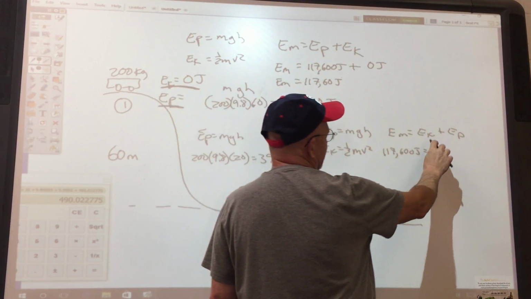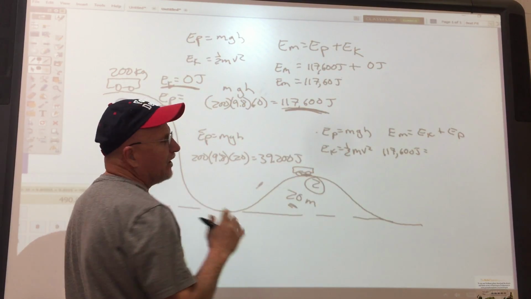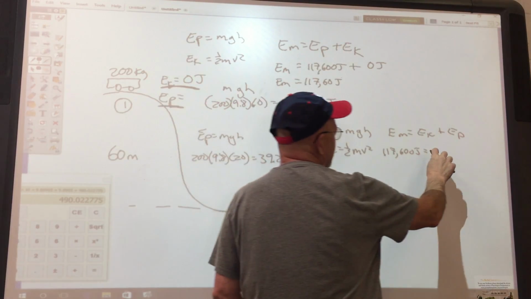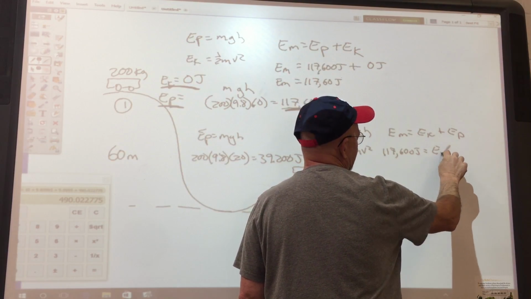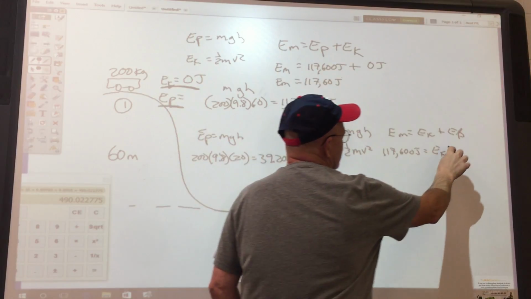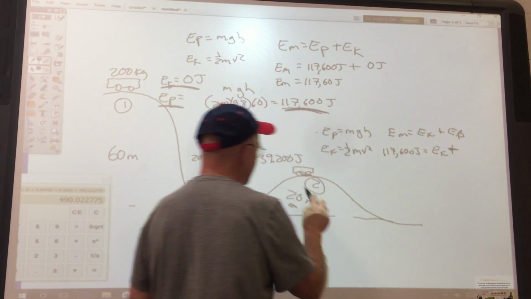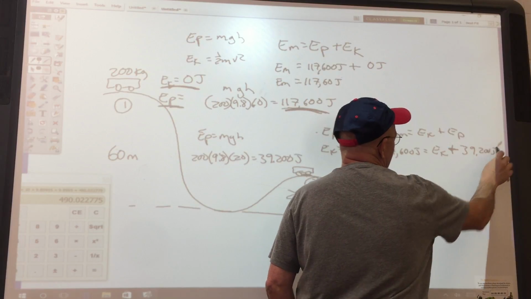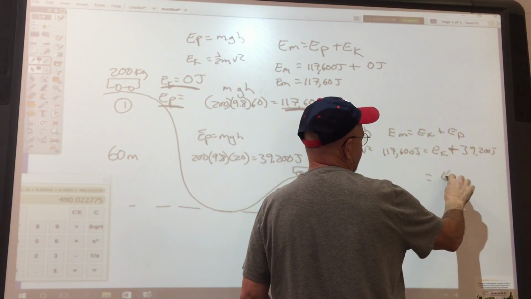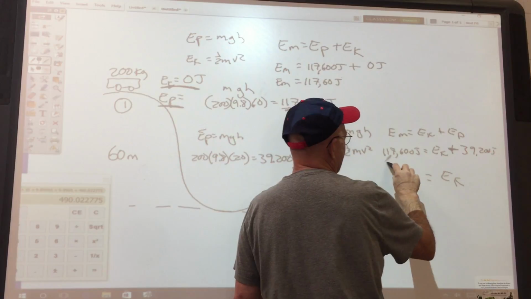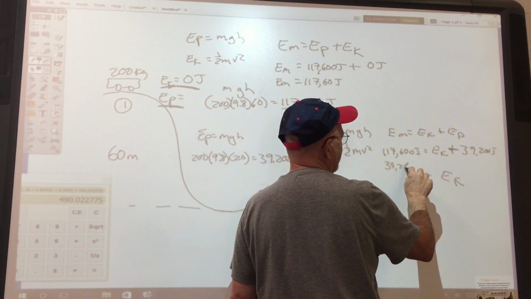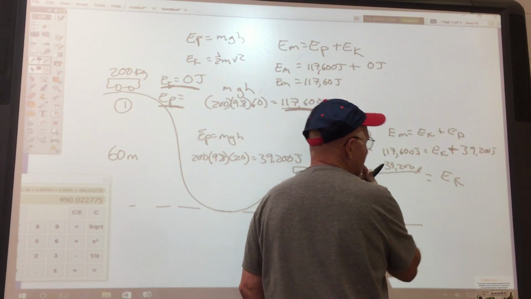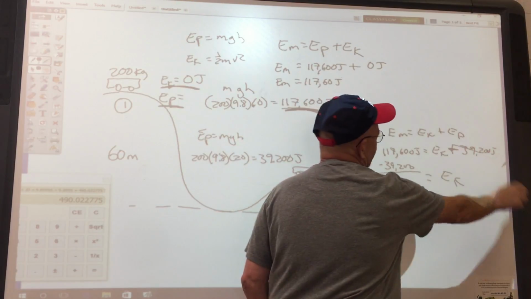So now I can come over here. I don't know the kinetic energy, I don't know how fast it's moving, so I'm going to put EK here. But my potential energy is 39,200. Now all I have to do is the math to find the EK: subtract 39,200 from this, and that way I'll get rid of that on that side.